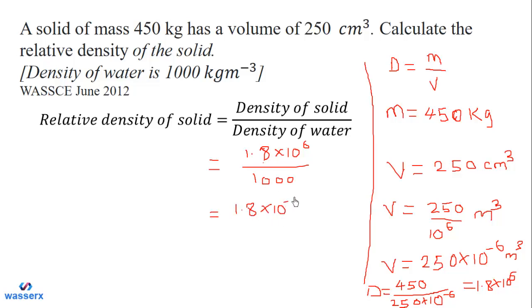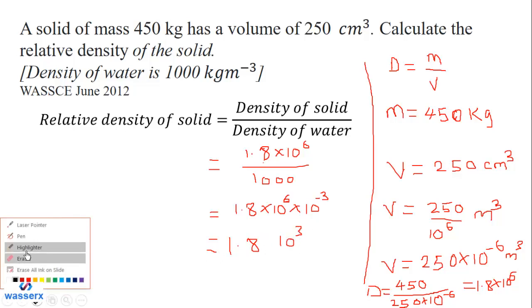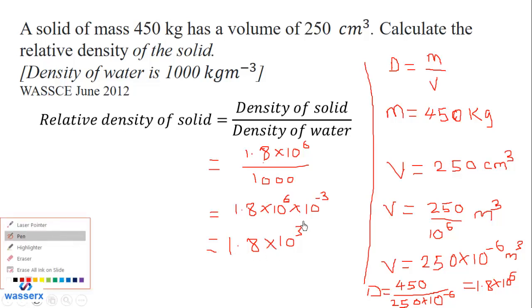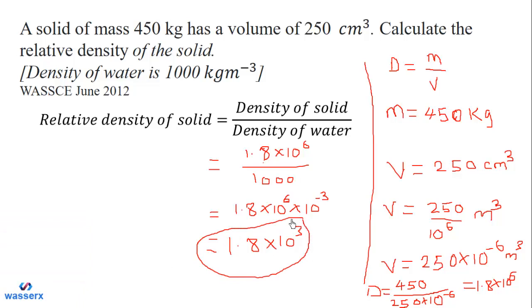Let's send the 1000 to the numerator, and it becomes 10 exponent negative 3. So the whole thing simplifies to 1.8 times 10 exponent 3. So that is the relative density of the solid. This is the correct answer.